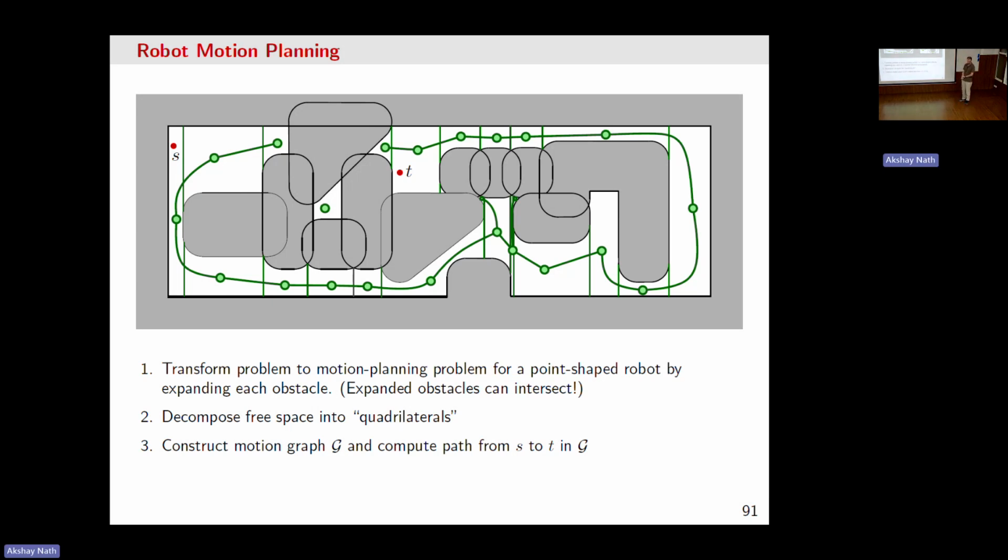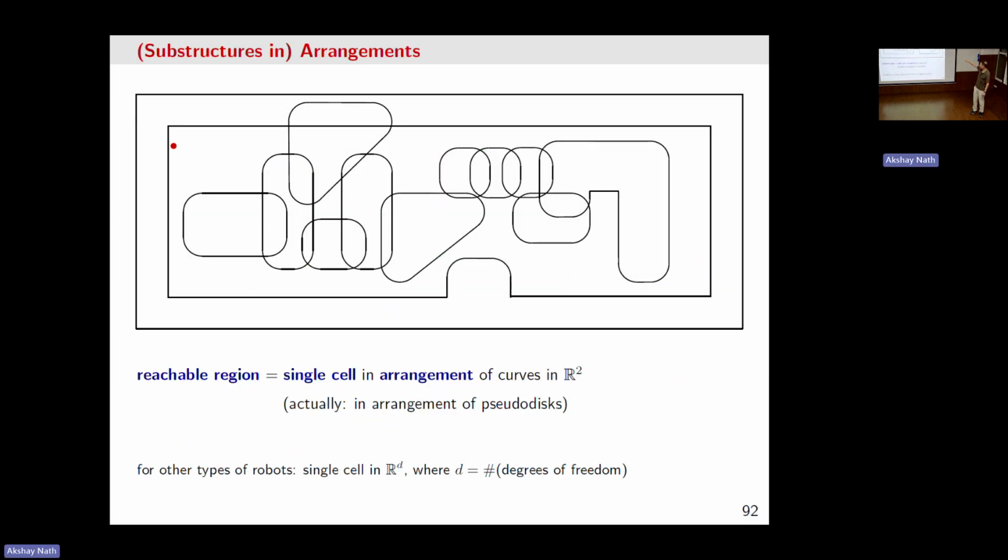And what you see here is that I'm now drawing a partition of the plane into different regions. This is called an arrangement of, in this case, these curve things.